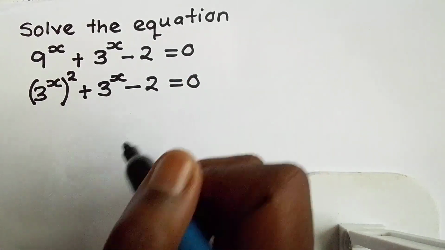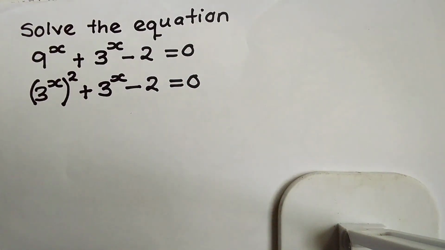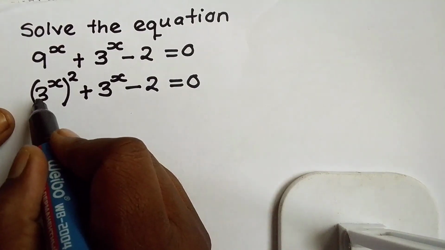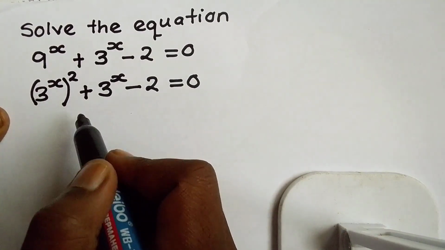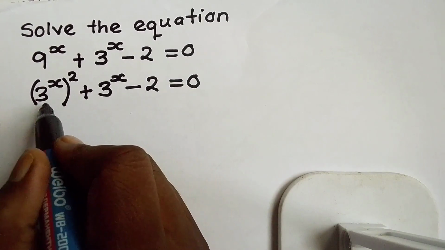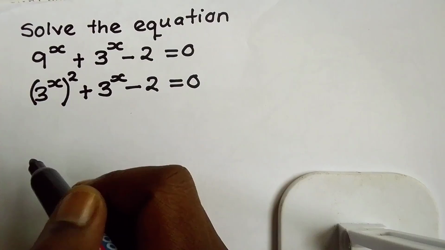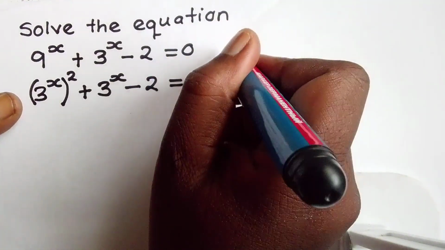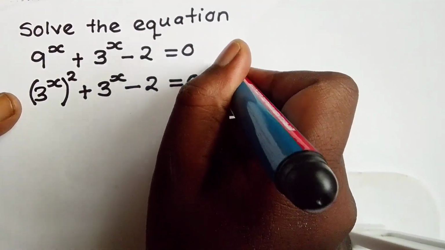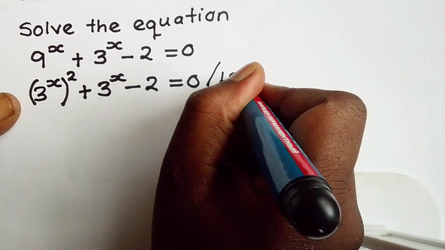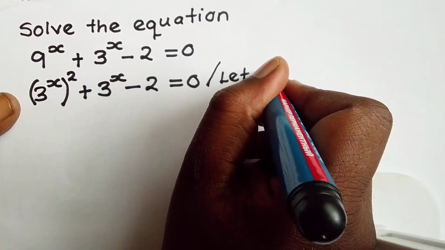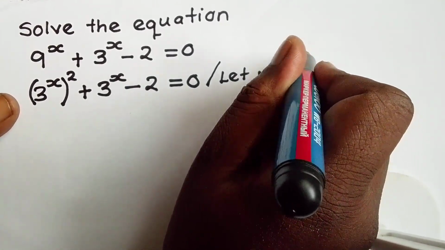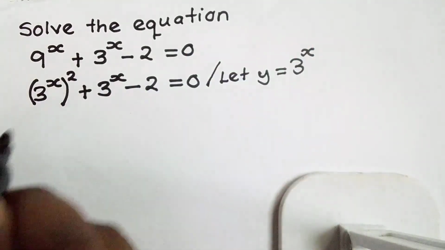Okay, now having done this, what you're supposed to do is, since 3 to the power x and 3 to the power x are common in the first two terms, you say let y be equal to 3 raised to the power x.